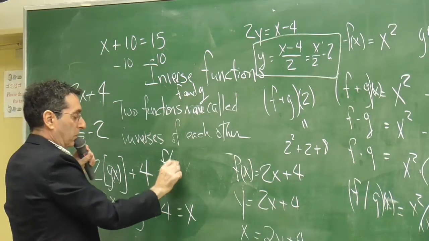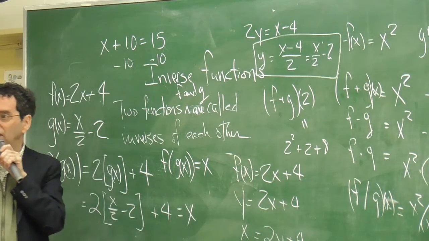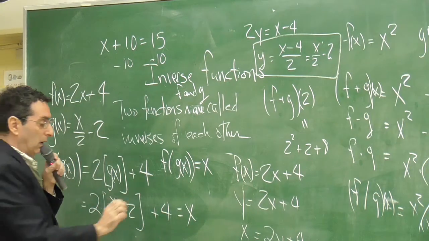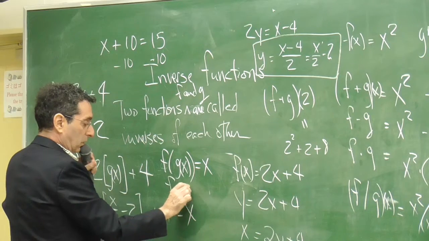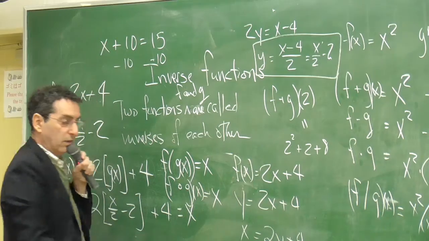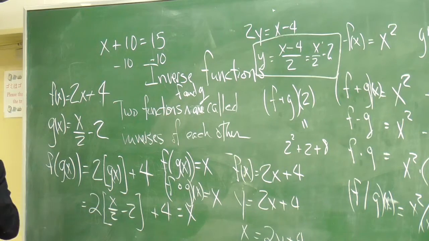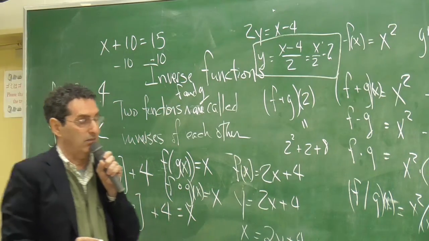If f of g equals x, right? Or if you want to write it the other way, f circle g of x equals x, right? That's the definition of inverse functions, right? Okay, so we have that.